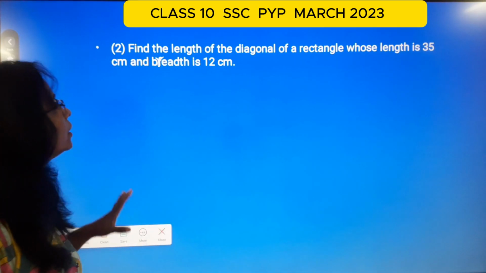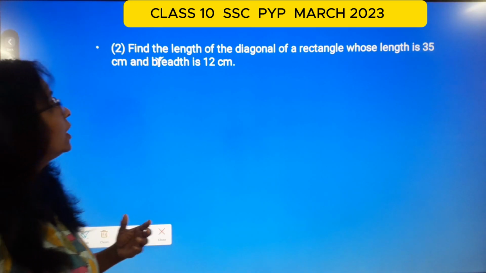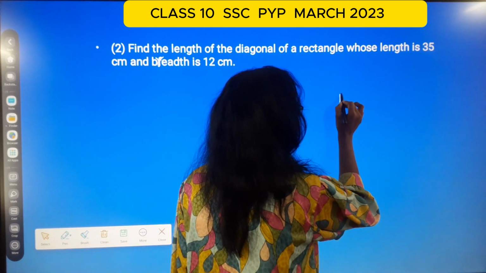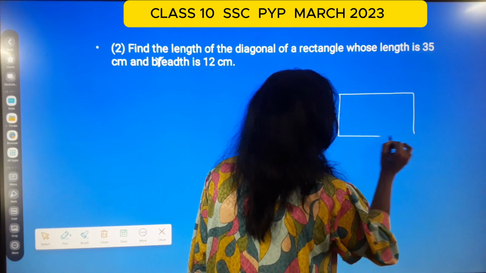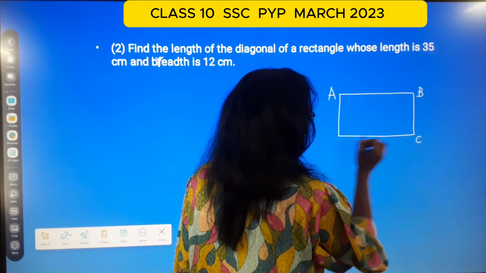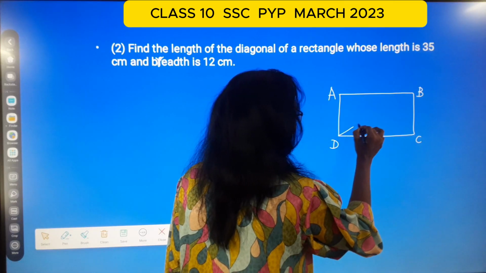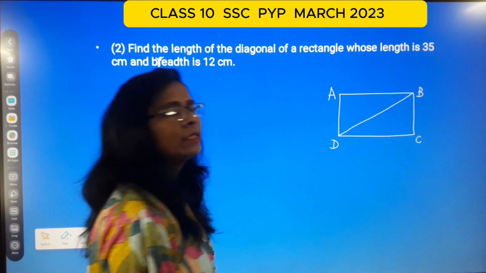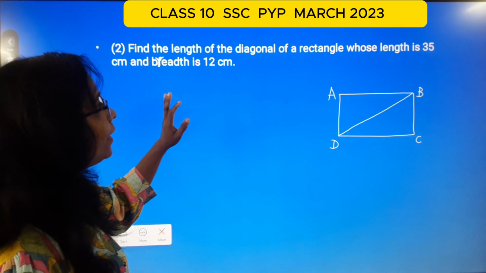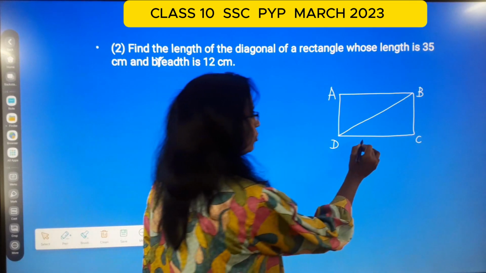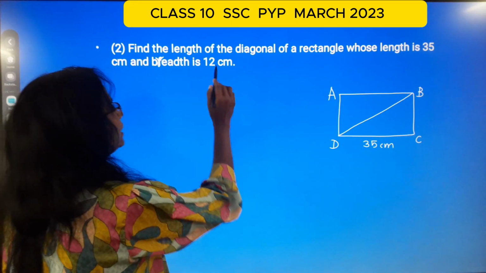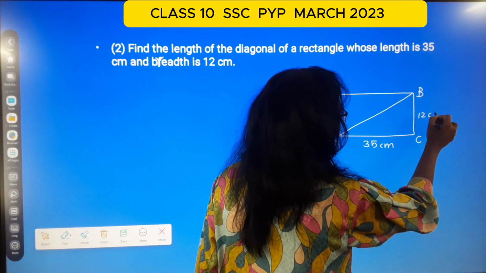So if we have to find the length of the diagonal and the figure is a rectangle, I draw the rectangle here. Suppose it is rectangle ABCD. I draw the diagonal and put the information: the length is 35 centimeter and the breadth is 12 centimeter.